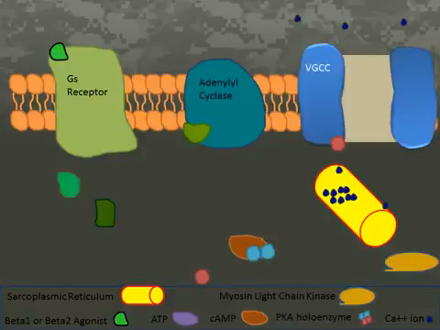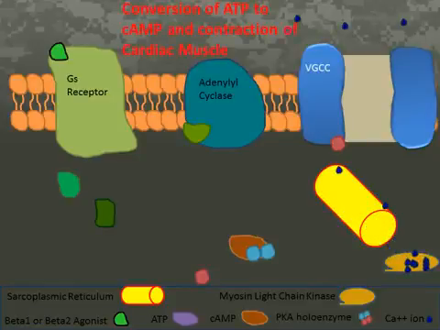This calcium is called the trigger calcium. The trigger calcium releases a greater amount of calcium from the sarcoplasmic reticulum into the cell cytoplasm and binds with myosin, causing an increase in inotropy.